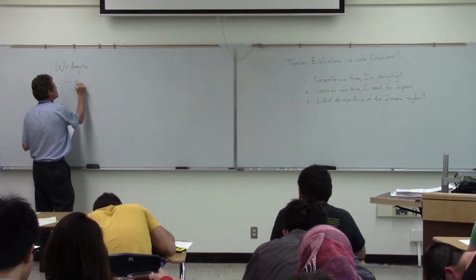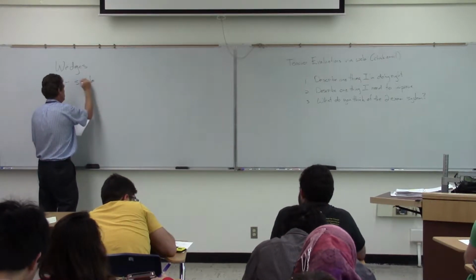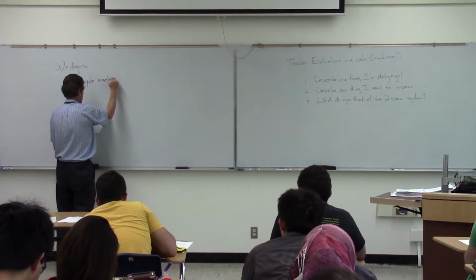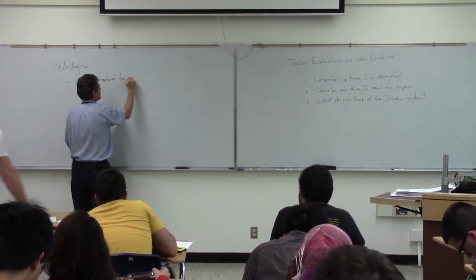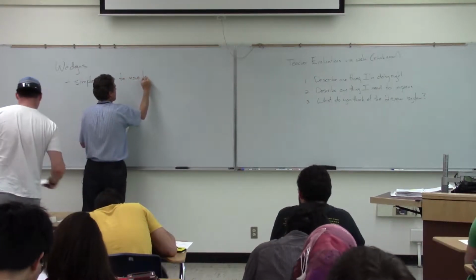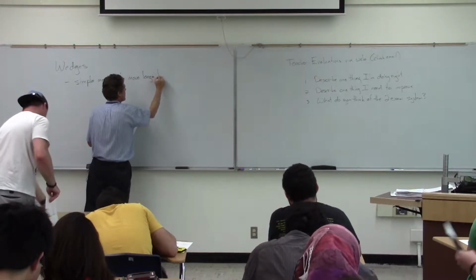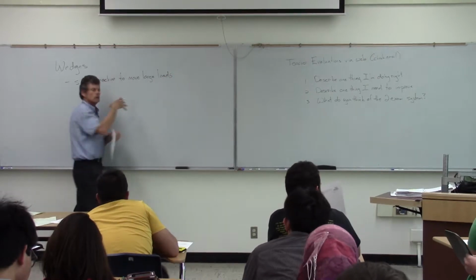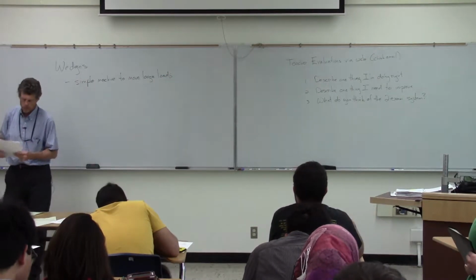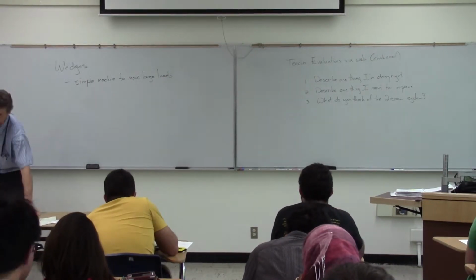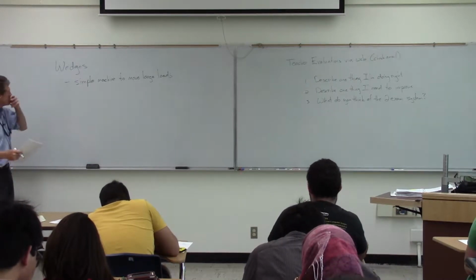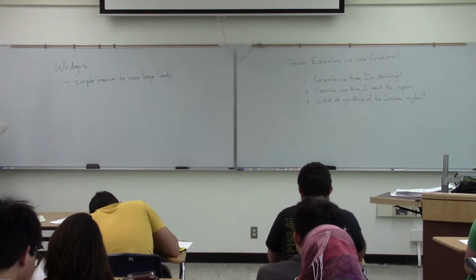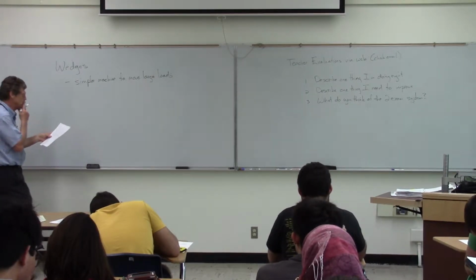So a wedge, just in terms of description, it's a machine. So you're all comfortable with machines now and that sort of thing. It's basically a simple machine used to move large loads or to do things like split logs and that sort of thing.